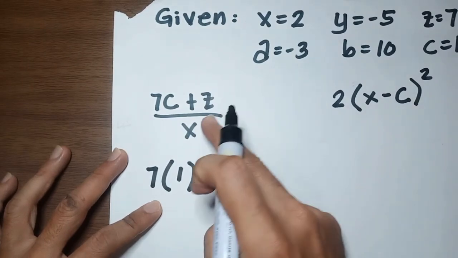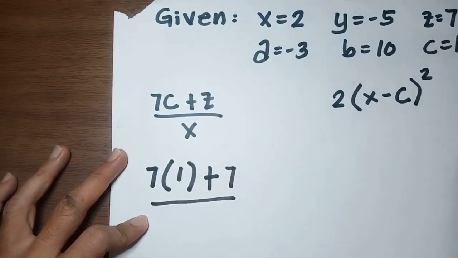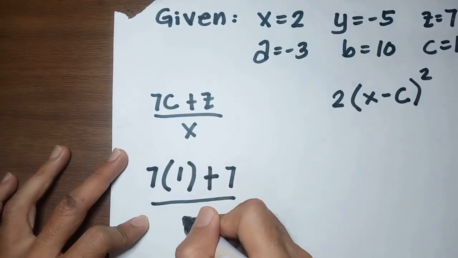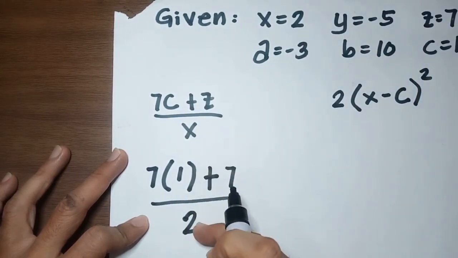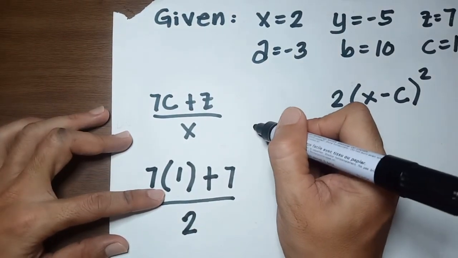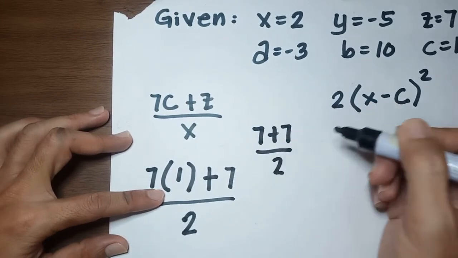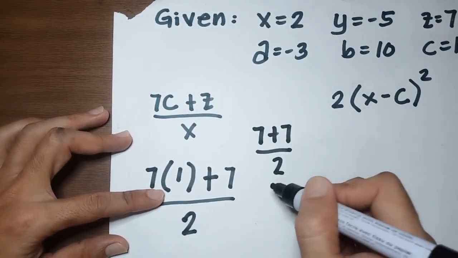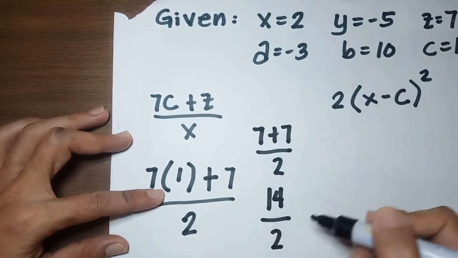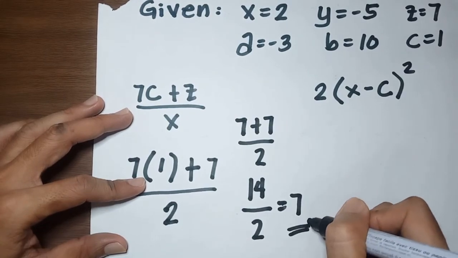Plus, our z is 7, over our x is 2. So we substitute 2. We have 7 times 1 is 7, plus 7 over 2. Therefore, 7 plus 7 is 14 over 2. 14 divided by 2 is 7. So this is now the final answer.